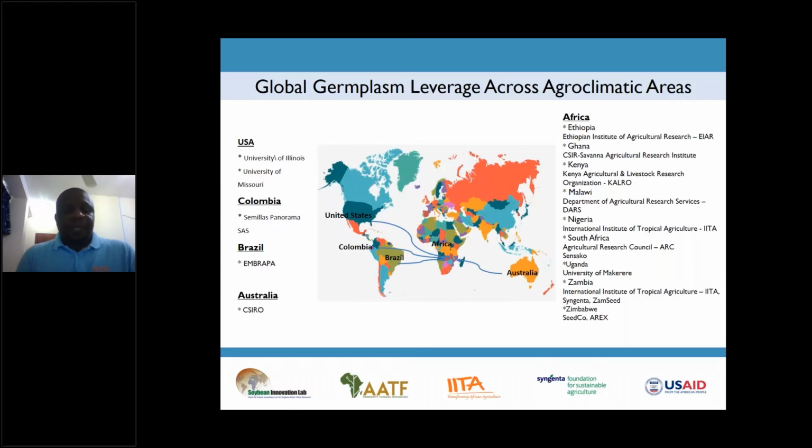We also have germplasm coming as far as Australia. These are the medium maturing varieties, which are mainly drought-tolerant materials. We also have varieties developed in Africa: in Ethiopia, Ghana, and Kenya, and also varieties developed by IITA and seed companies like Seedcorp.